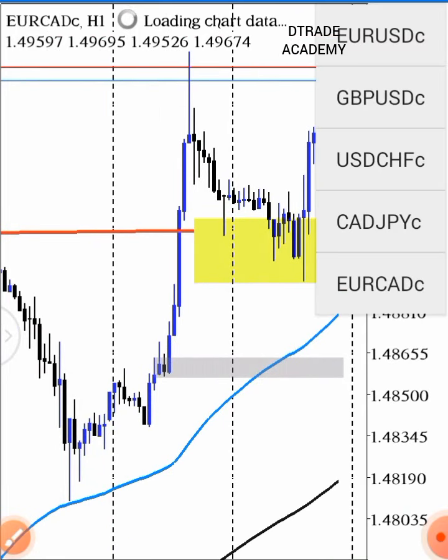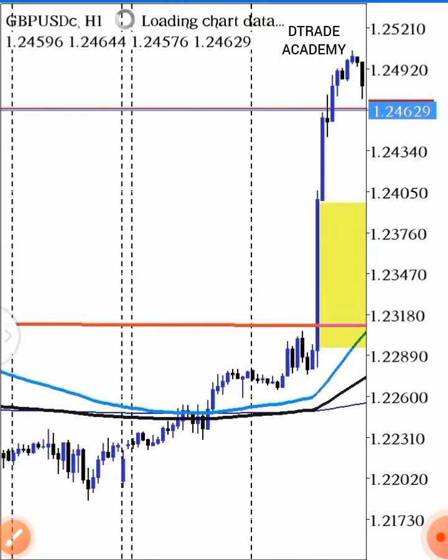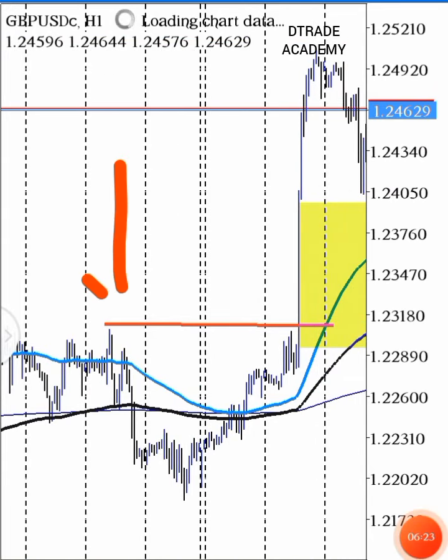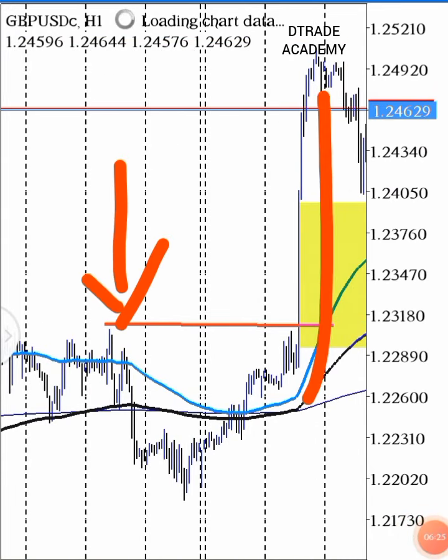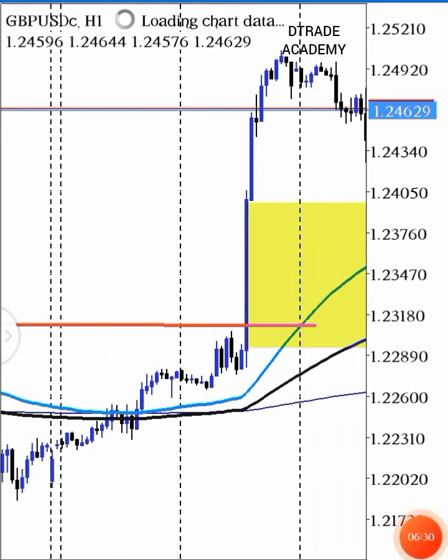Now let's check another pair, GBP USD. If you look closely, you will see this is a high and it was broken by these vector candles. You can see they are candles of the same color, 1, 2, 3.